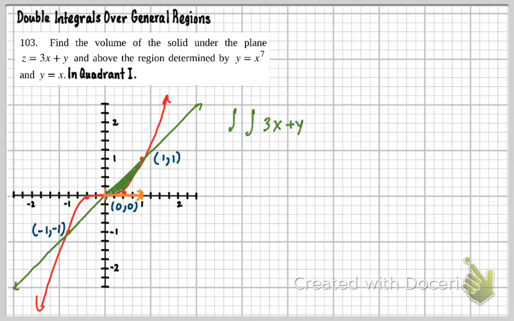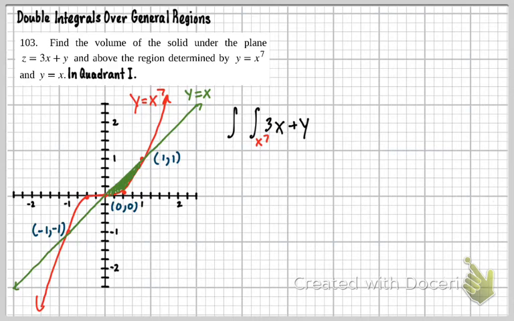So when I go from 0 to 1 in the x direction, do I have a clear upper function the entire interval? And I do. I have this one here. That one's always going to be above the red one, which is y equals x to the 7th. So since that one's always above it, that means I can go in this direction. Now I'm going to write these equations out on the actual picture because I want you to see this. So we can see that our lower bound for this is going to be x to the 7th, hopefully.